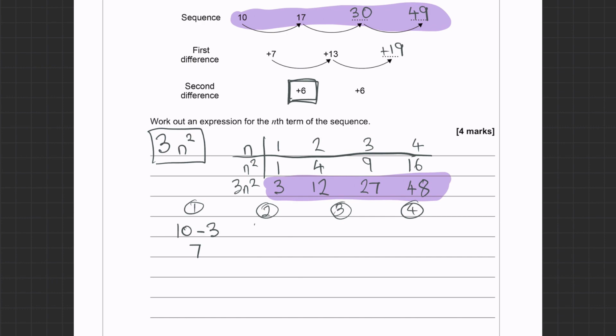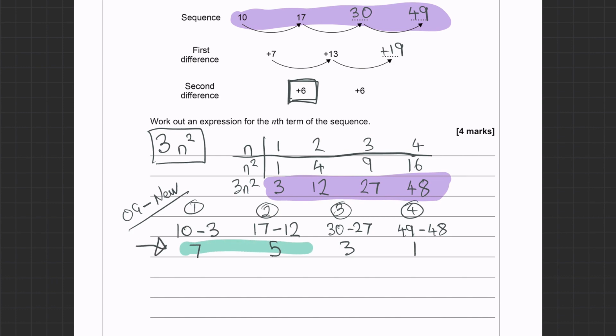Second sequence, we've got 17, the original. So original take away new. 17 take away 12, which is 5. Third sequence, we've got 30 take away 27, which is 3. And the fourth sequence, we've got the original, which is 49, take away the new, which is 48, which equals 1. So this is our leftover sequence we need to solve.